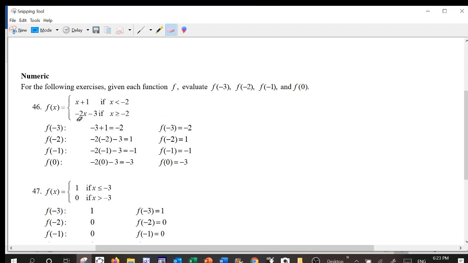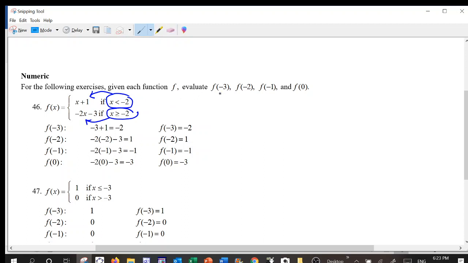You cannot have a function that has all these pieces at the same value of the domain. So this right here says when x is less than -2, the function looks like that, and you have to use that to find the function values. And when x is greater than or equal to -2, you're supposed to use that one.